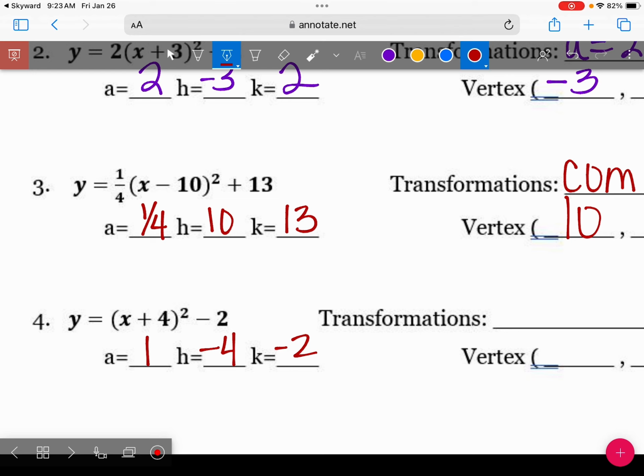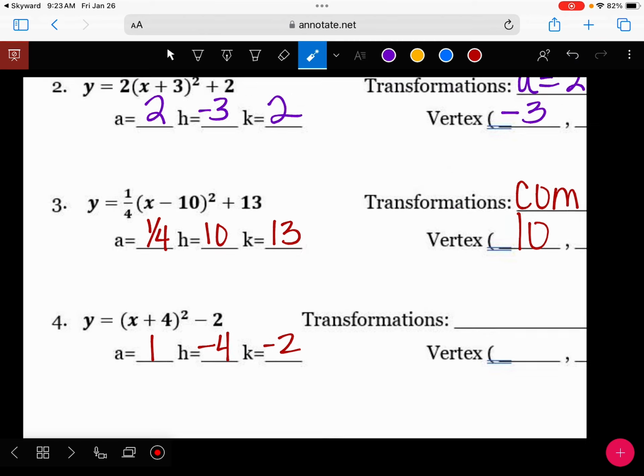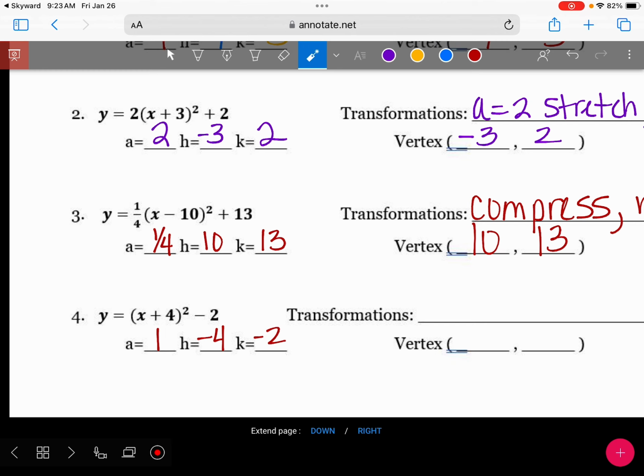Xavier, because my H is -4, what is that going to make my graph do? Go left 4, good. Now, A is 1. That's the same as our parent, so we don't have a change. There is no change from A. But that -4 and that -2 will give us a change.